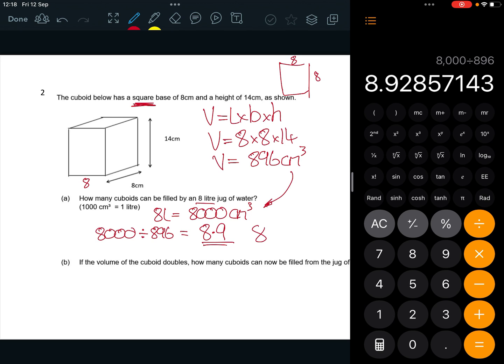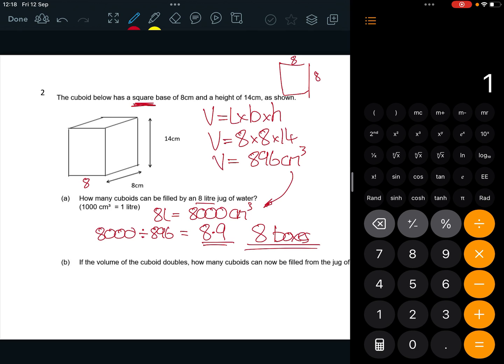So that's going to be 8 cubes, or just 8 boxes. Okay, so don't be tempted to round it up, because we can't just conjure up 0.1 water. So it's just going to be 8 boxes there, or 8 cuboids.